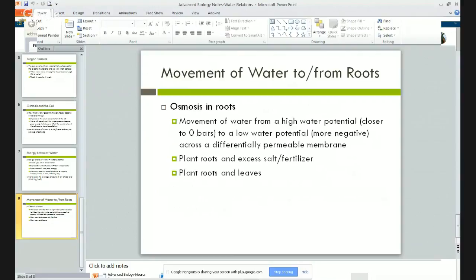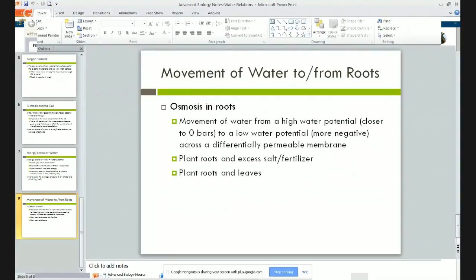Then if you look down, I've drawn you a couple of different pictures here. It's very crude, but you've got your soil on the far right, then you've got your epidermal cell in the middle, and your cortex cell next to it. In this instance, it would show that you've got lots of dissolved solute in the cortical cell, medium amount in the epidermal cell, and almost none in the soil.